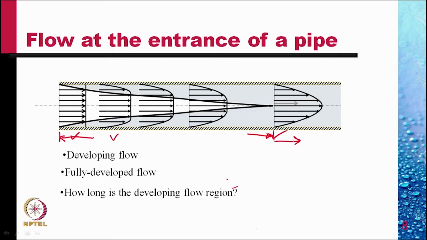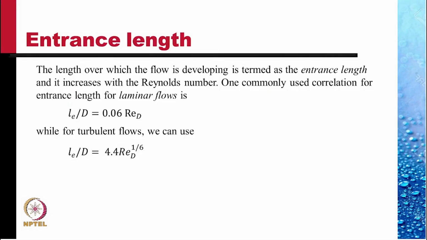Again, this region should depend upon the inertial and the viscous forces. So, this should depend only on the Reynolds number. The length over which the flow is developing is termed as the entrance length, and it increases with the Reynolds number.